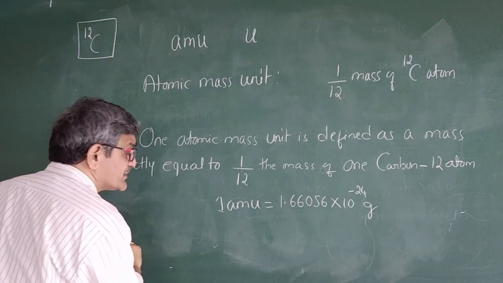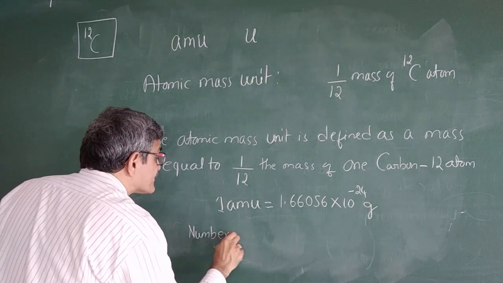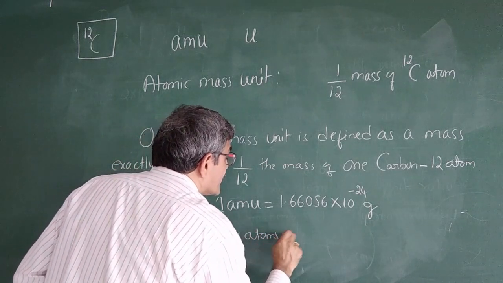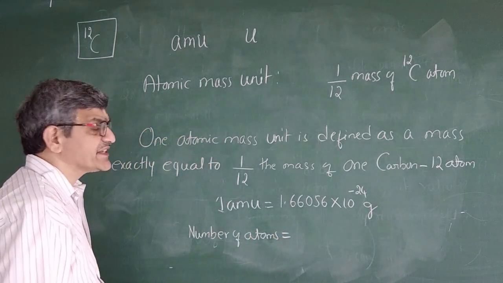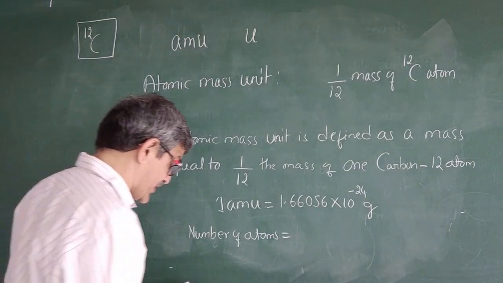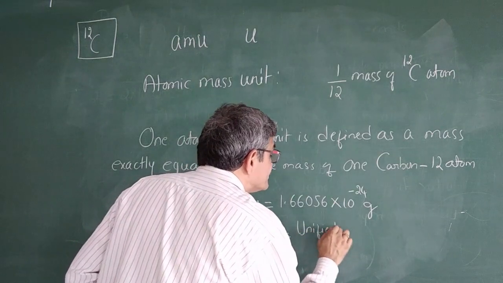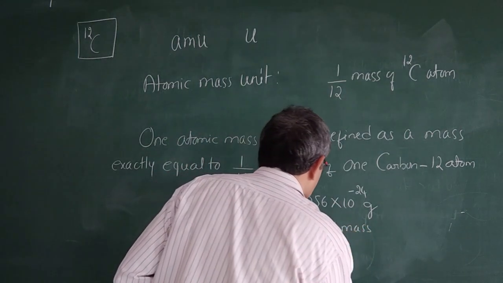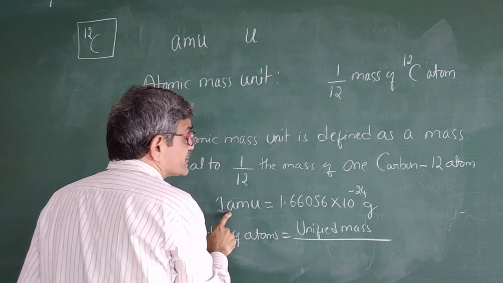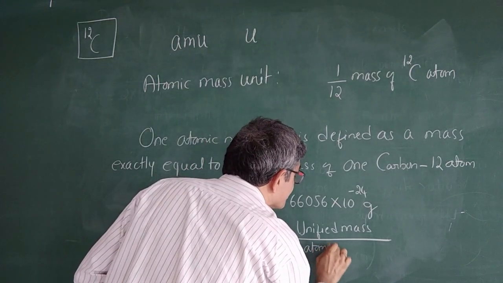Then one more relation we can write: number of atoms. When we need to calculate how many atoms there are, when given in grams, the number of atoms equals unified mass, that is u, divided by atomic mass.